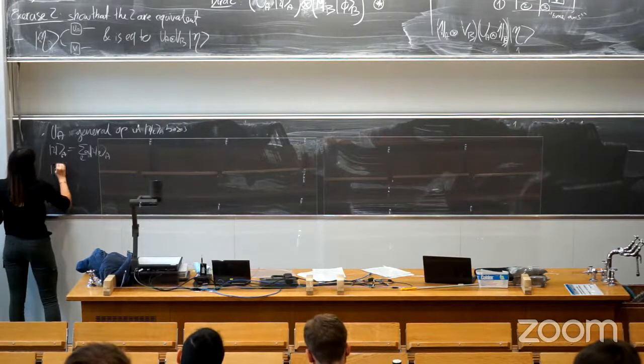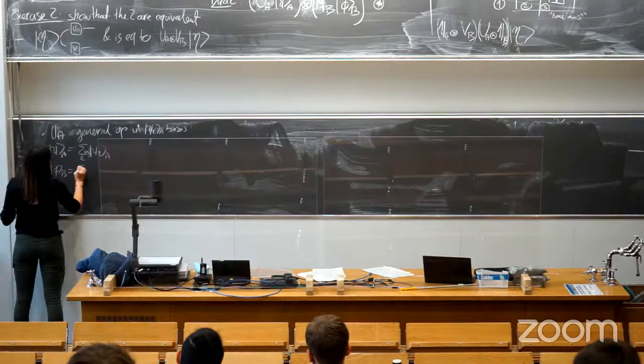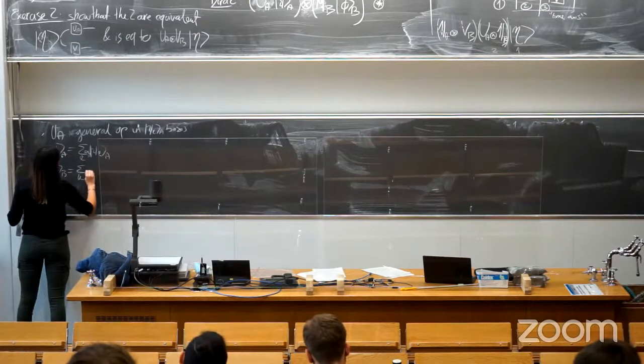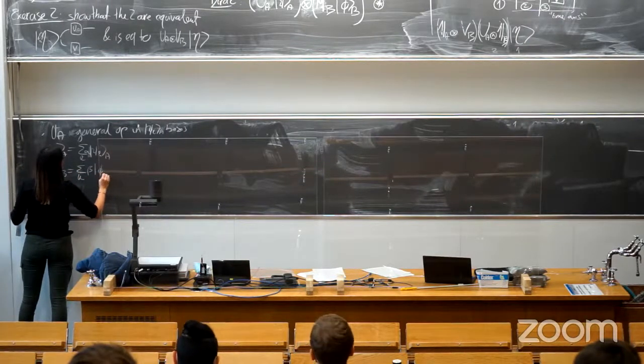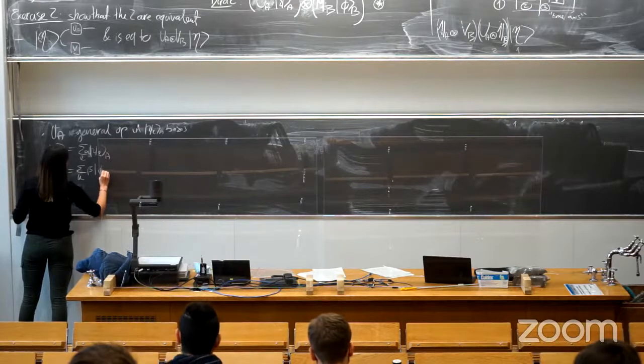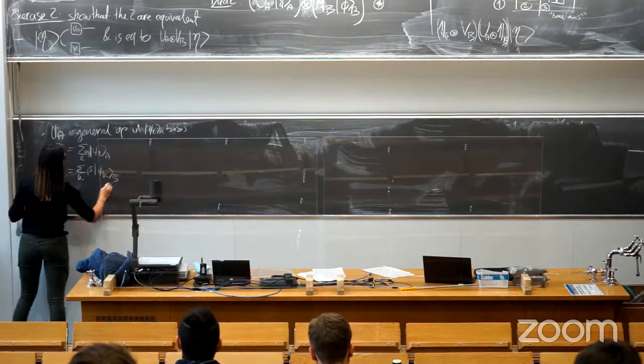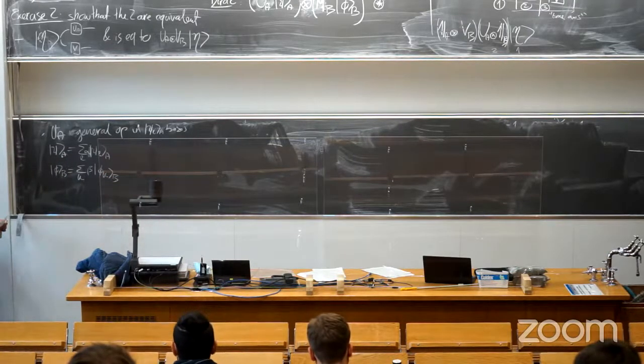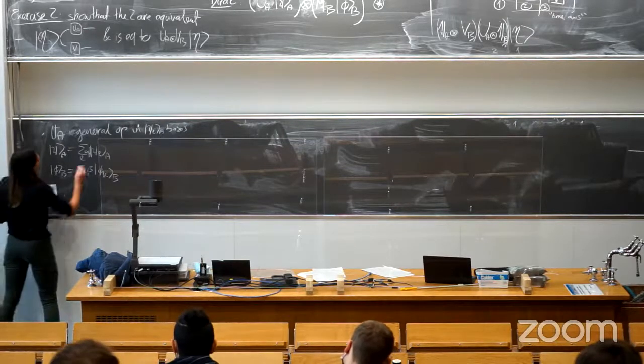Phi_B, same, sum over k of beta_k c_k B, and so on. Yes, alpha_l and beta_k, thank you.